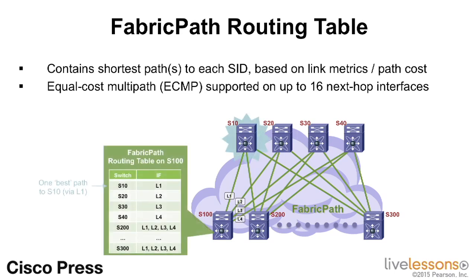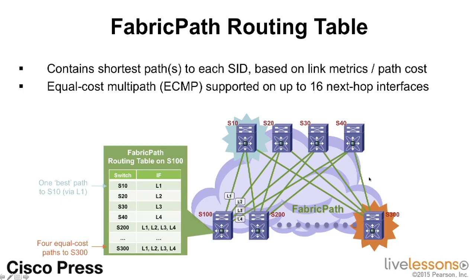As you can see here, we have one best path to reach switch 10 from switch 100, and that's via interface L1. However, for switch 100 to reach switch 300, we have 4 equal cost paths: L1, L2, L3, and L4. We can use all of our spine switches to reach another leaf switch in the network.